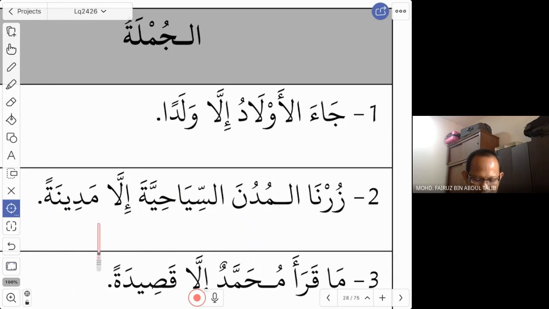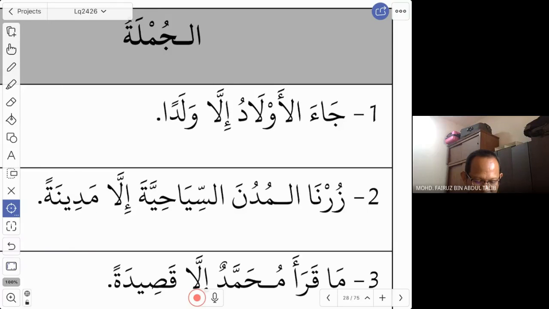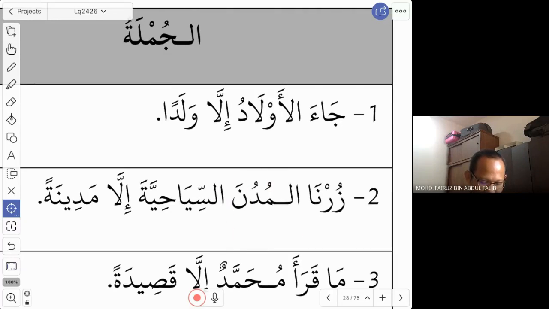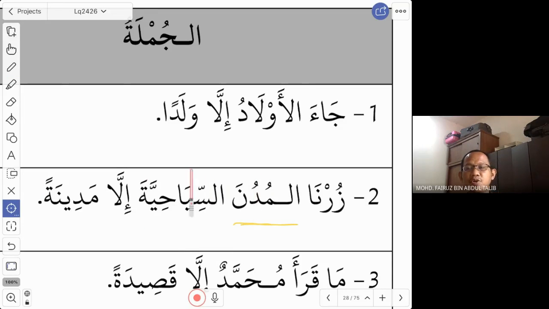Now, is this the mustasna? Madinah is the mustasna. Do you have the mustasna minhu? Yes, where is the word? Al-mudun siyahiyah. Normally the mustasna minhu is only one word, so the word mudun is the mustasna minhu, while siyahiyah is just an adjective for mudun.